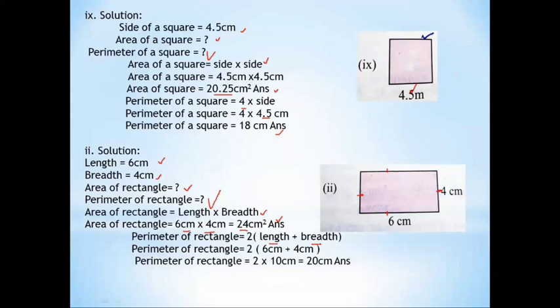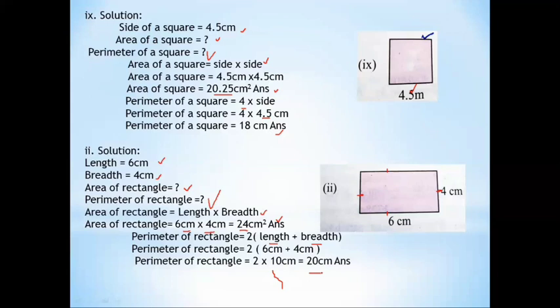The perimeter of the rectangle is equal to bracket value of length, 6 centimeter, plus value of breadth, 4 centimeter. First we will do the addition: 6 plus 4 will come 10. Then we will multiply by 2: 2 times 10 will come 20. Answer is 20.